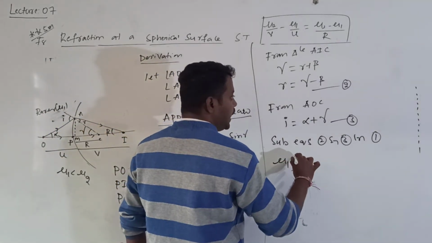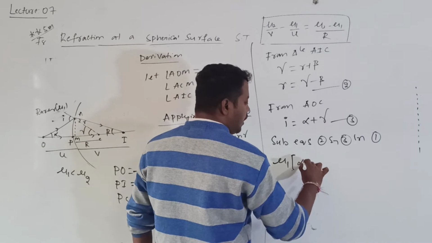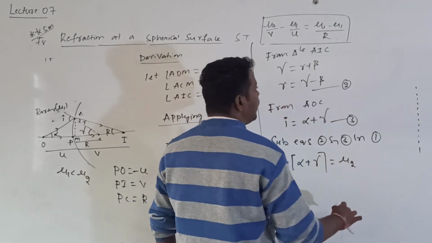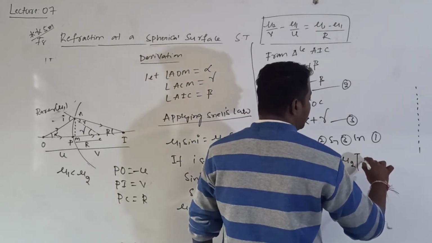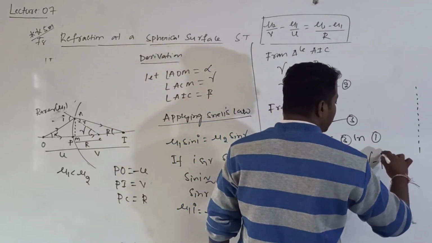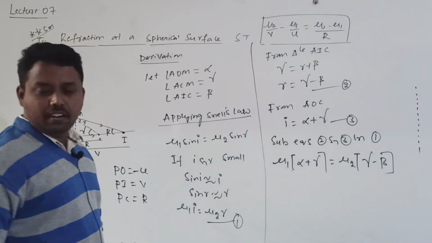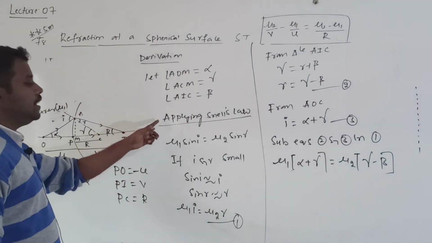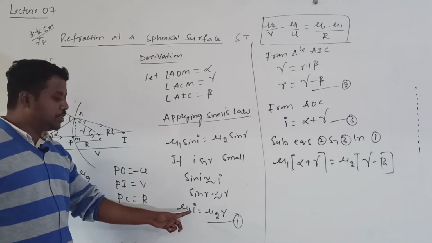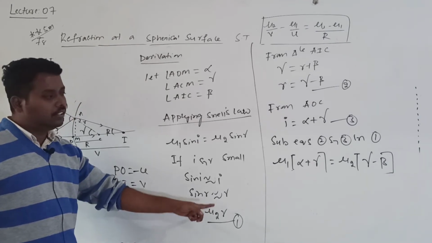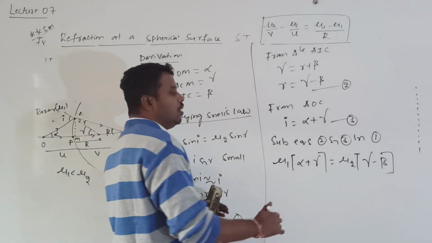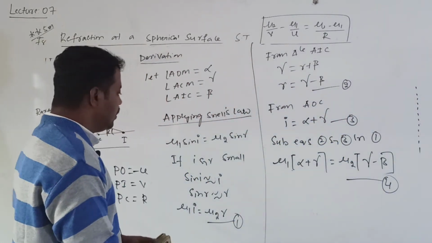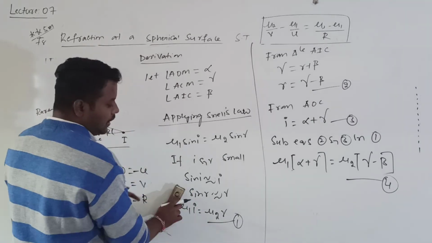Mu 1 into the I value given by alpha plus gamma is equal to mu 2 into the R value given by gamma minus beta. So till now understood? First I applied Snell's law, then substituted the values of I and R. Then I got this, can I call it equation 4?